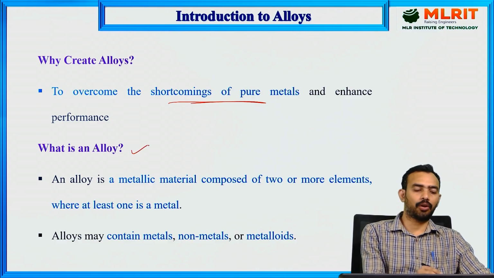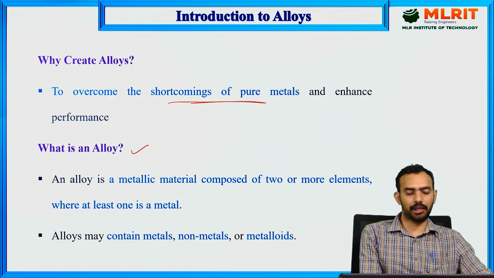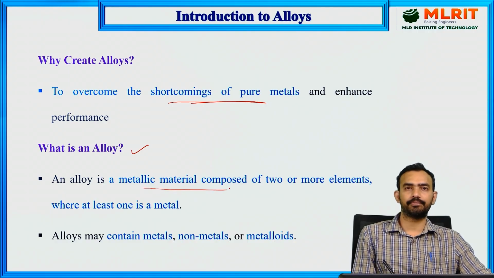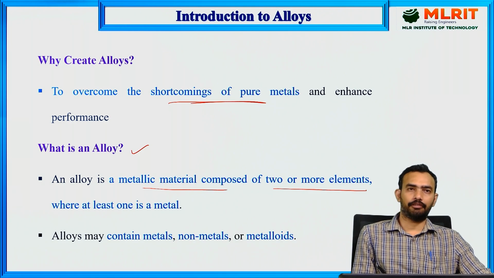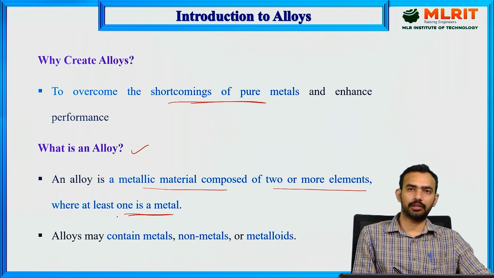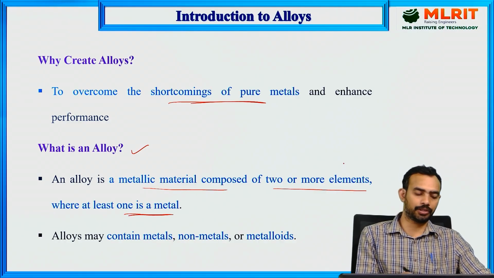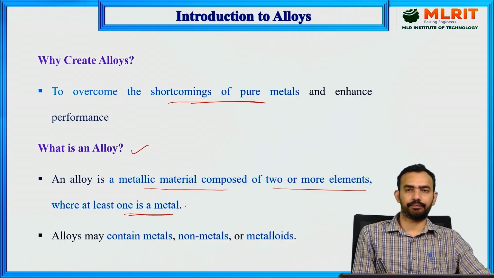So what is an alloy? How do you define an alloy? An alloy is a metallic material composed of two or more elements where at least one needs to be a metal. It is a combination of two or more elements, out of which one needs to be a metal.